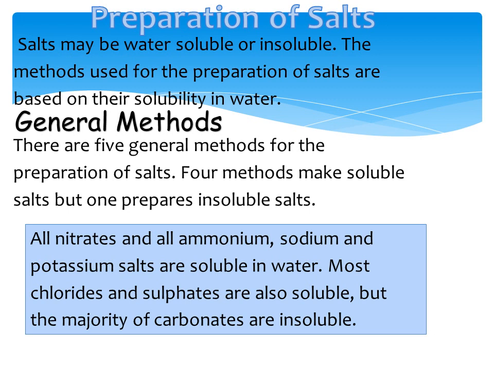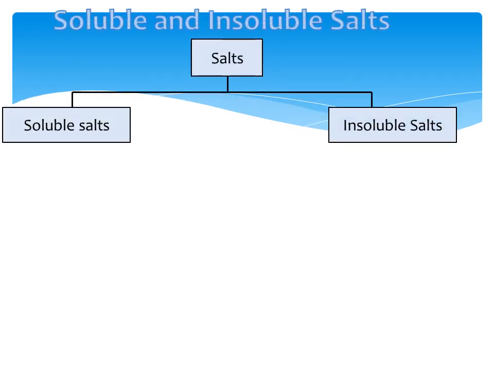Whenever you see the presence of ammonium, sodium and potassium, they are always soluble in water, and one negative anion radical is there, which is nitrate. So these salts are always soluble in water, and mostly chlorides and sulphates are soluble, but the majority of carbonates are insoluble. To make it more clear, we have a flow sheet to categorize the salts into soluble and insoluble.